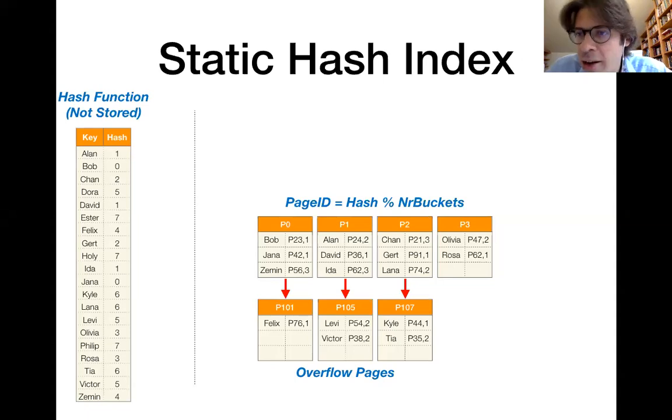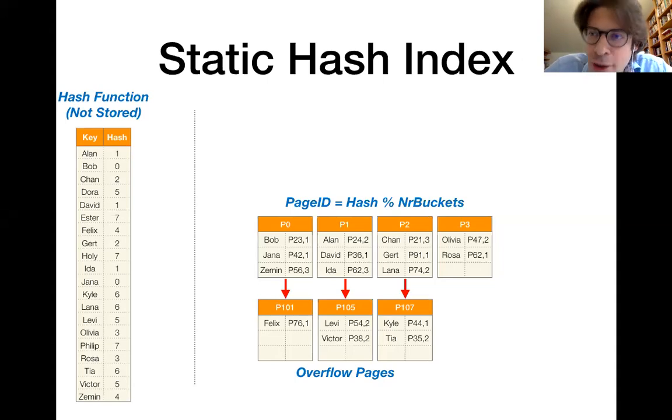And in that hash bucket, we again either find the actual data, or in this example, we rather find references to the actual data. So a hash index can also either contain the actual data or contain references to the actual data.